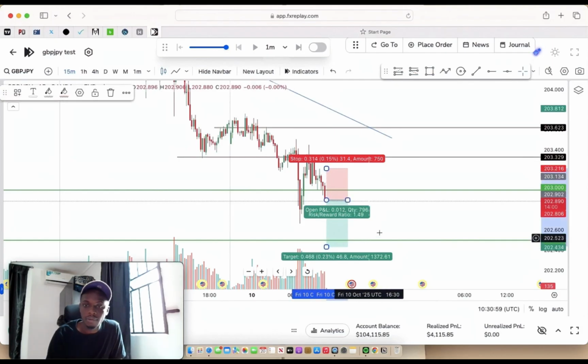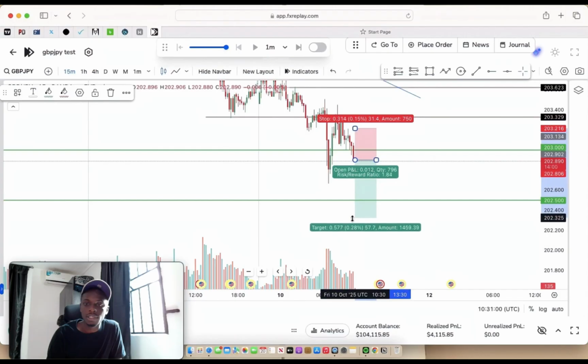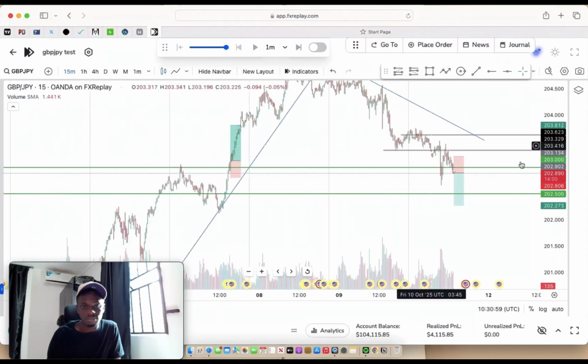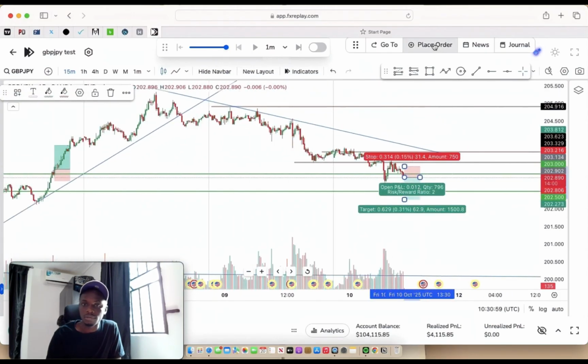It's high. Next key level. Once price breaks this next key level, that will be my exit. So I'll play this and see.